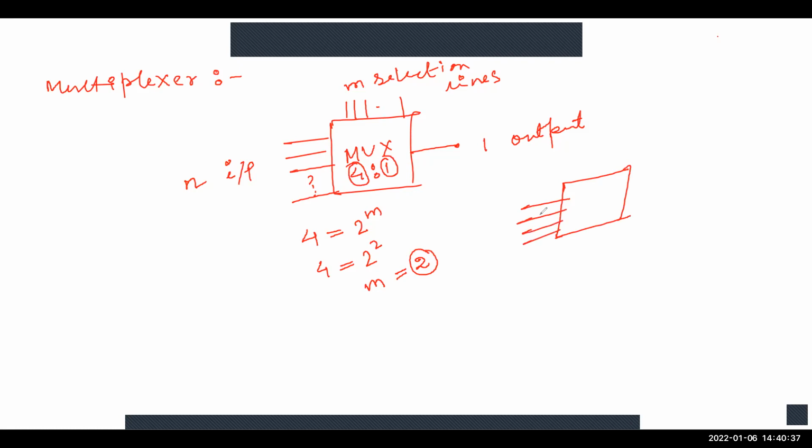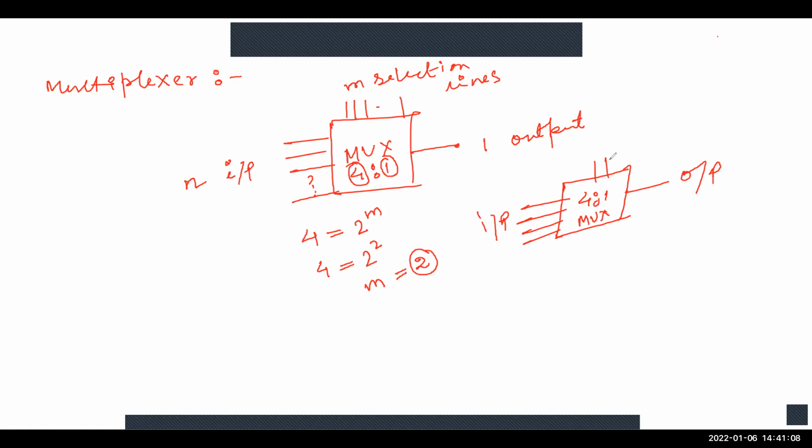So these 4 are the input lines, and 1 is for the output, and for these inputs we need 2 select lines. Is it clear?